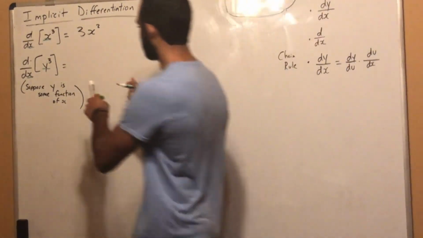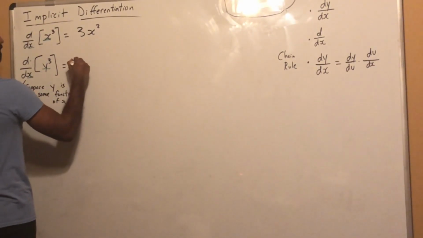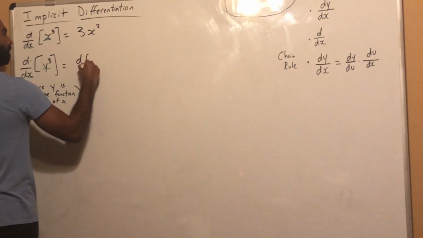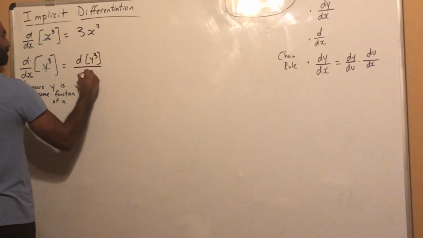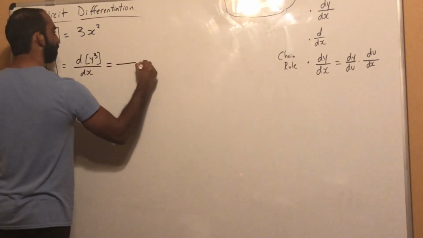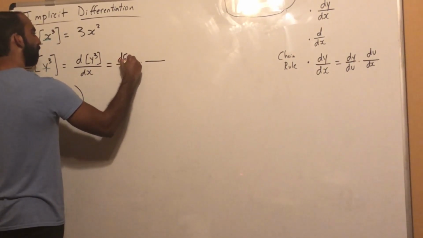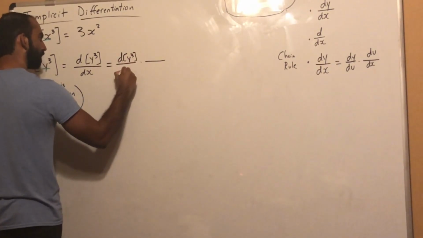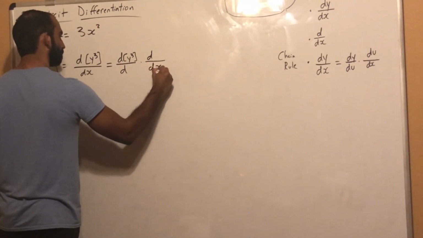In other words, I can break this guy up. So in that notation, the derivative of y cubed with respect to x can be broken up into a product of two derivatives. The derivative of y cubed with respect to some variable we create, u, times du over dx.